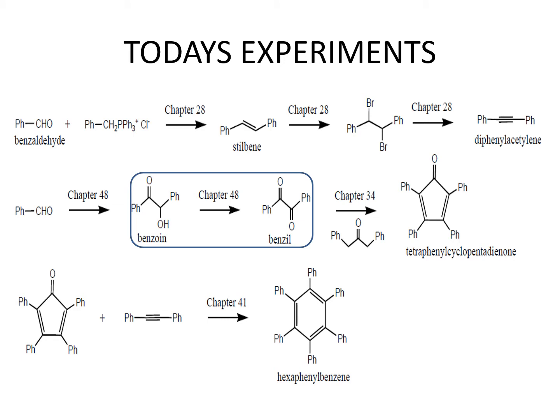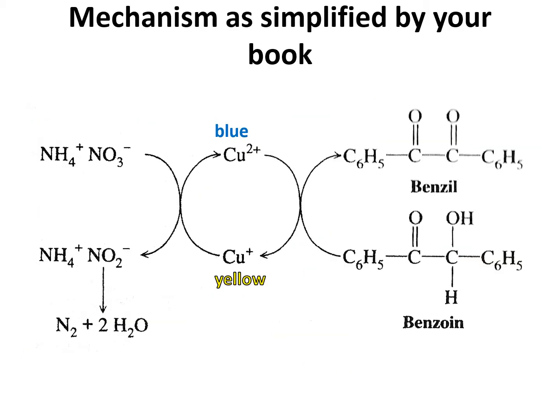So on the slide you can see the mechanism, or the target experiment for today, which focuses on synthesis of benzil from benzoin. And in the mechanism we're going to use copper acetate as a catalyst.